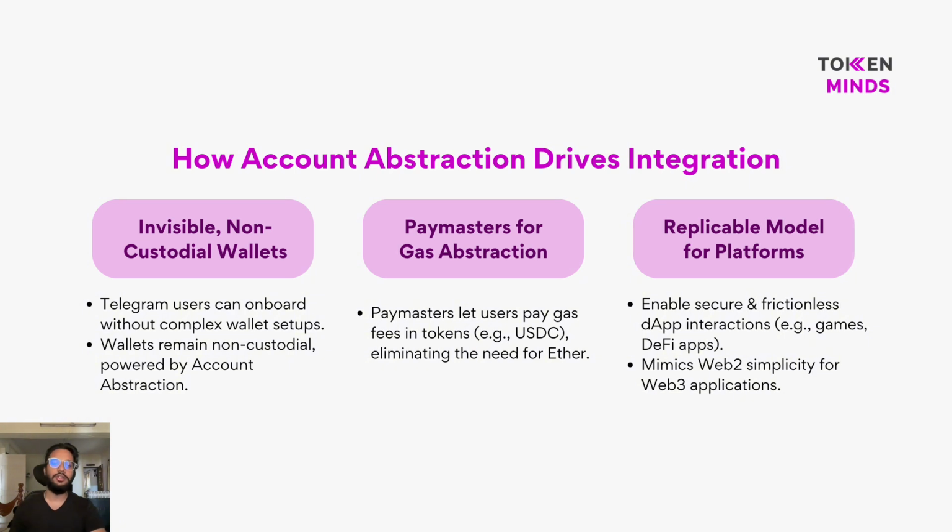And then for a month they forget that the wallet even exists. So you're removing the unnecessary troubles that the user has to go through. It is an applicable model for platforms, enabling secure and frictionless interactions that perfectly mimic web 2 simplicity for web 3 applications.